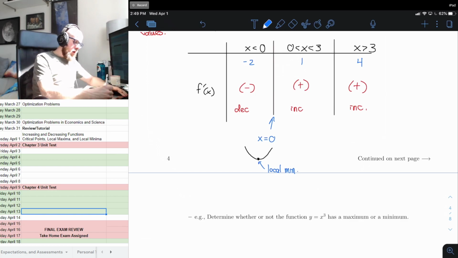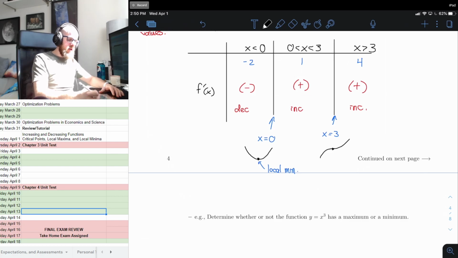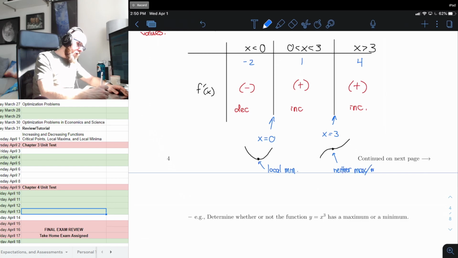If I look at x equals 3 here, I'm not going to get something like that. What I end up getting is I go from increasing, and then I flatten out, because it's a critical point and the slope is 0. But then I continue increasing. So this is neither a max nor a min.